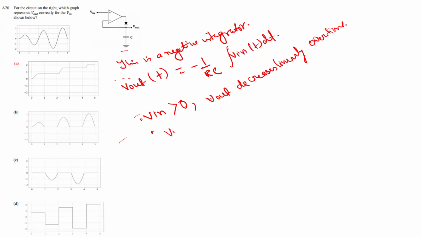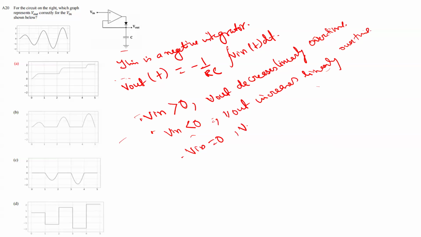Now if V in is less than 0, V out increases linearly over time. If V in equals 0, then V out remains constant.